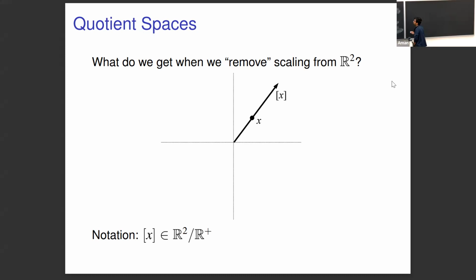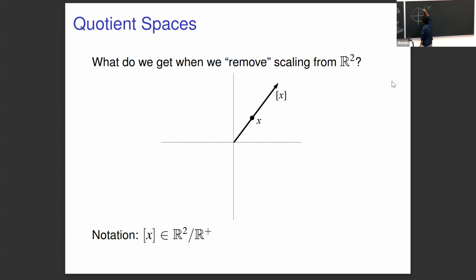So what we want is to remove scaling, right? So let's say we have an R2 space like this, and we have a point X here. If we define an equivalence class of X to be a vector that joins X to the origin, this is what the equivalence class of X will be.